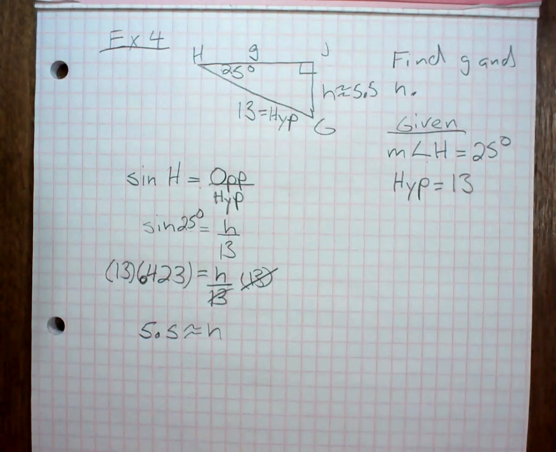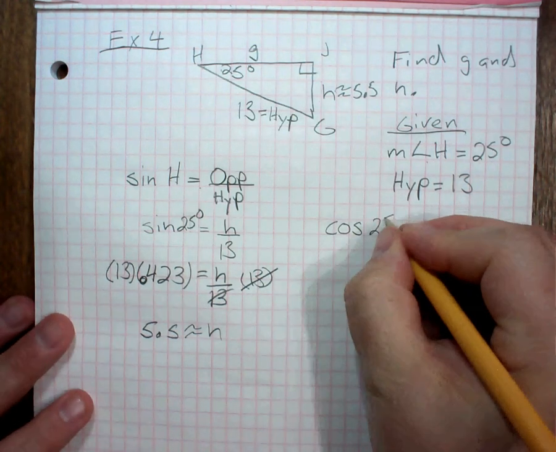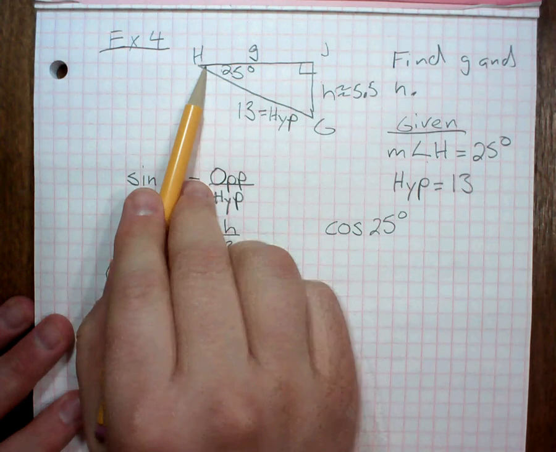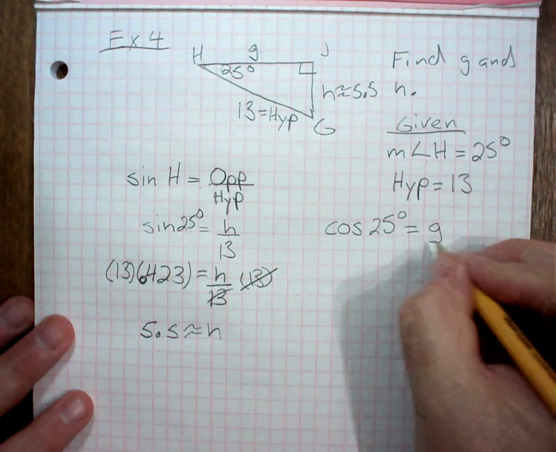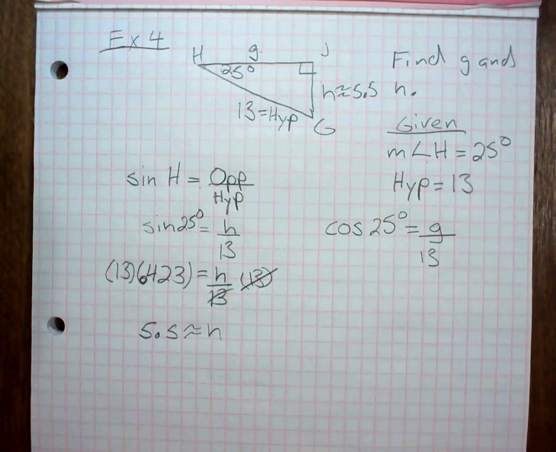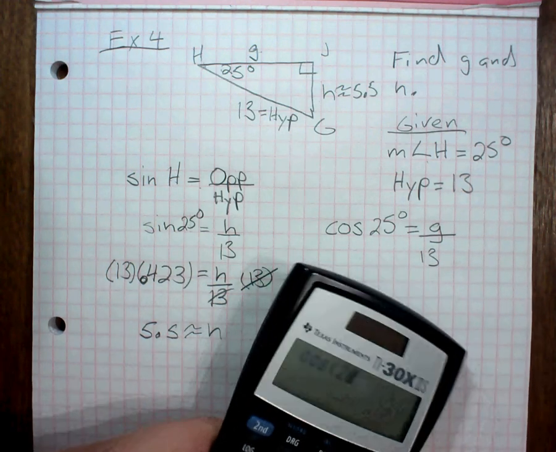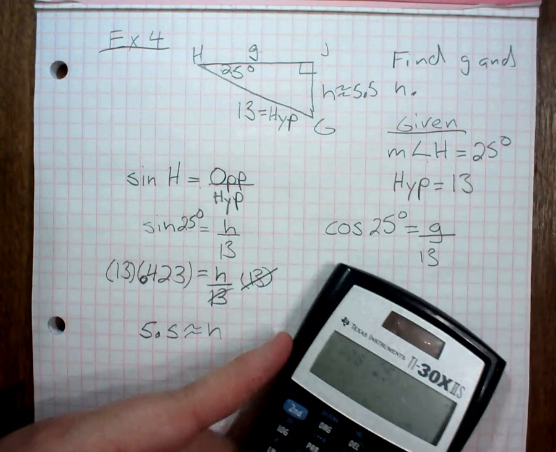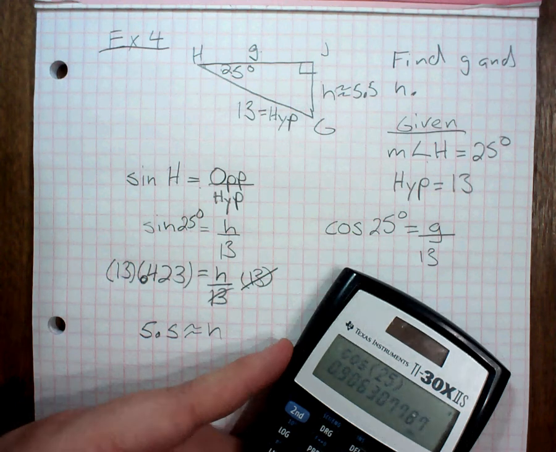Now to find g, there's a couple different ways. I can do the Pythagorean theorem, or I can just do the cosine. So if I do cosine, remember that cosine of 25 degrees, G is the adjacent, so that would be equal to g over 13. And then again, I can use my calculator and put cosine of 25 degrees, hit enter, and I get 0.906.